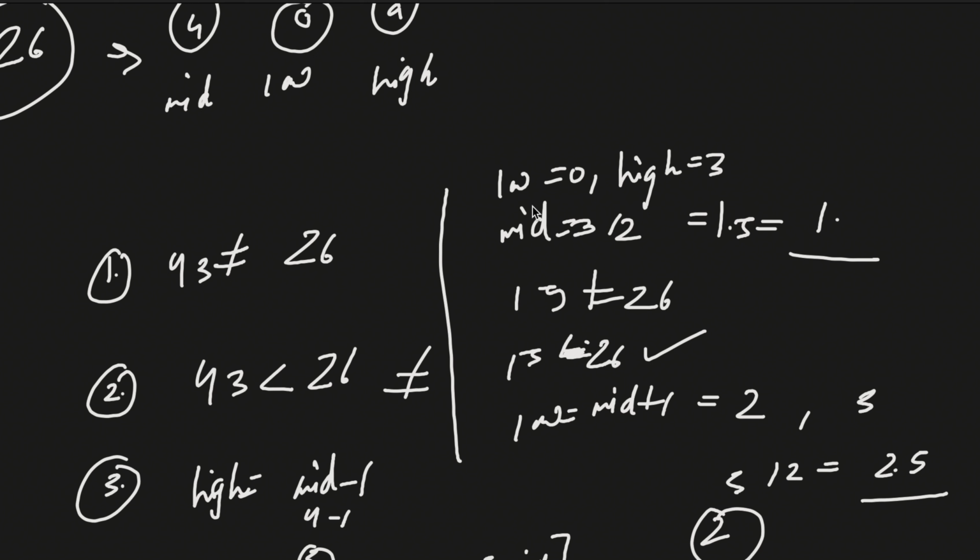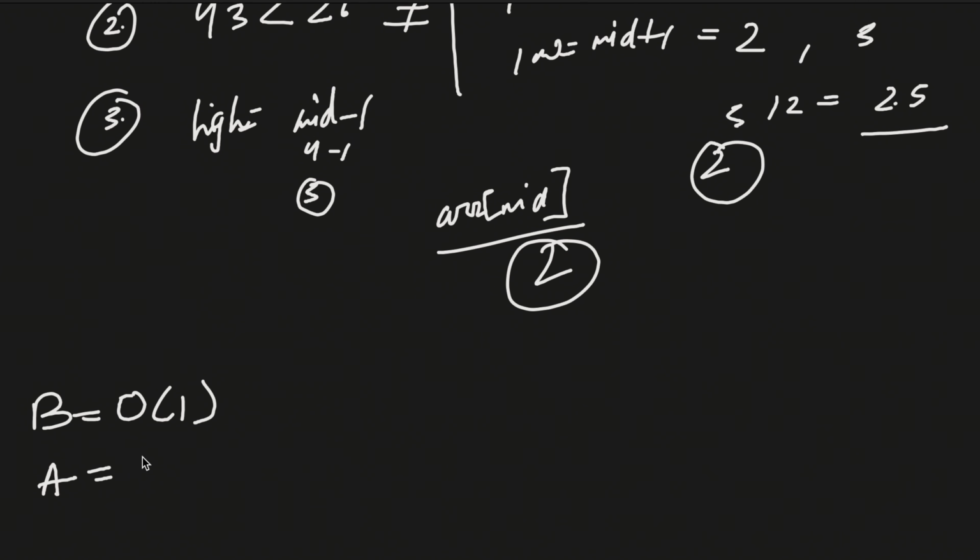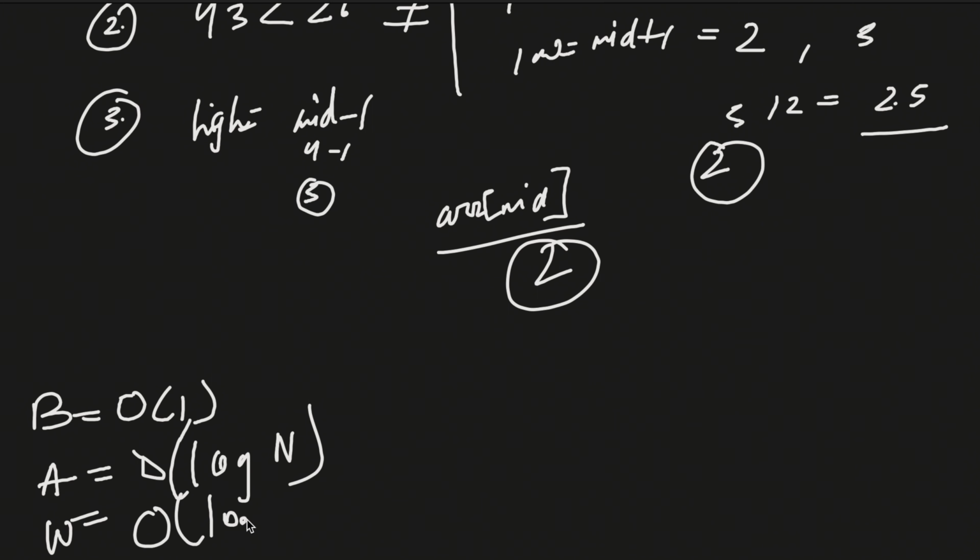I have to keep reducing till only one or two elements are left. So in that case, the time complexity would be big O of log n. In the worst case, and the average case would be the same, big O of log n. So these are the time complexities for binary search.